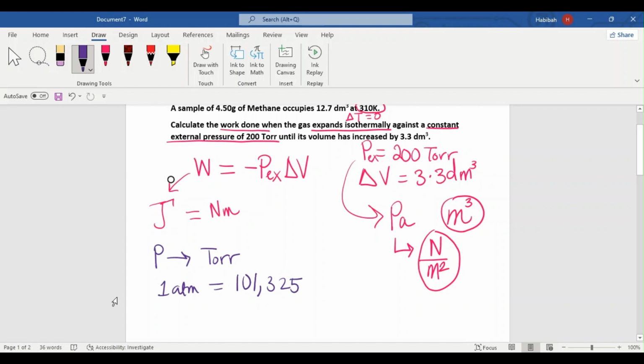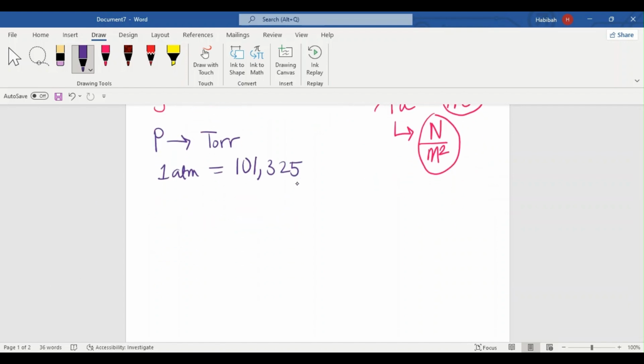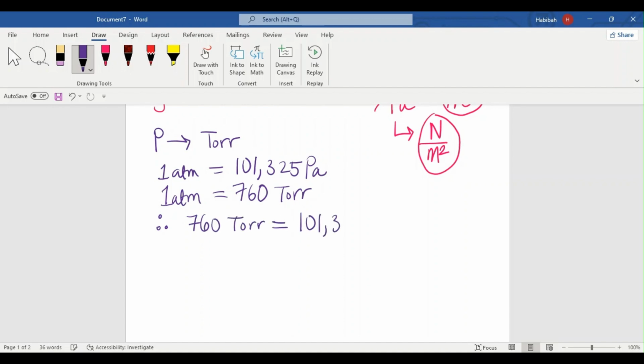So one atmospheric pressure is the same thing as 101,325 pascal, and one atmosphere is actually 760 torr. Hence, 760 torr, which is a standard conversion, is going to give you 101,325 pascal or Newton per meter squared, which is what we're trying to get.